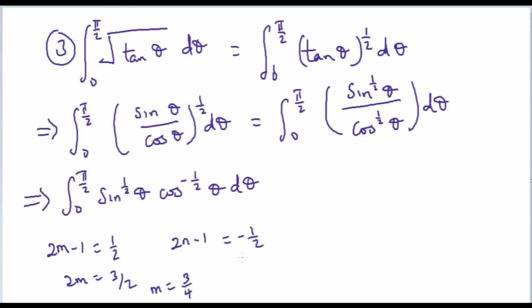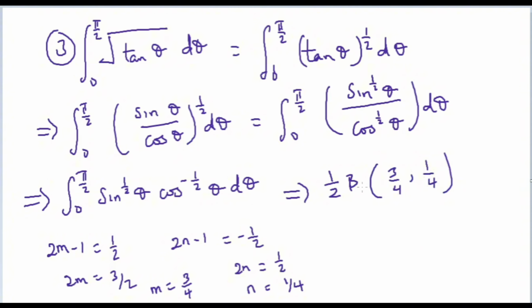Same thing here, my 2n is equal to 1 over 2, that means minus half plus 1, that's half. Then my n is equal to 1 over 4. Very interesting, right? That's it. So it means that I'm literally looking for 1 over 2 times the beta of 3 over 4, comma 1 over 4. That's all. So this is what I'm going to work with.